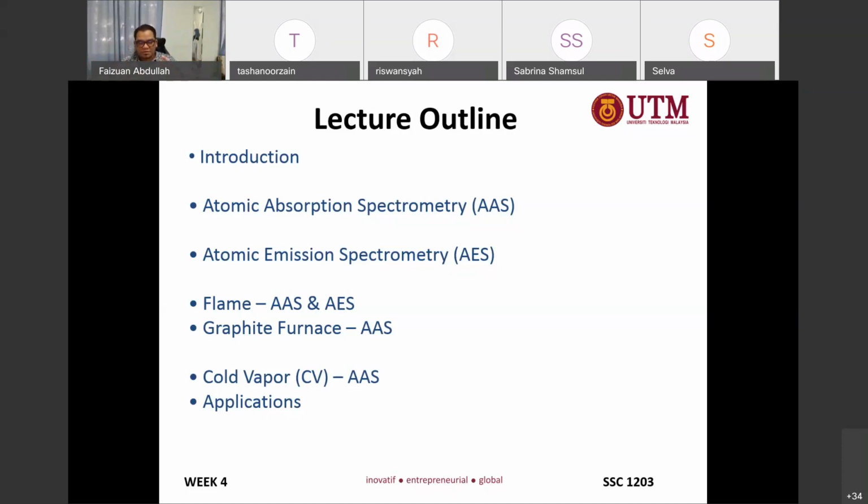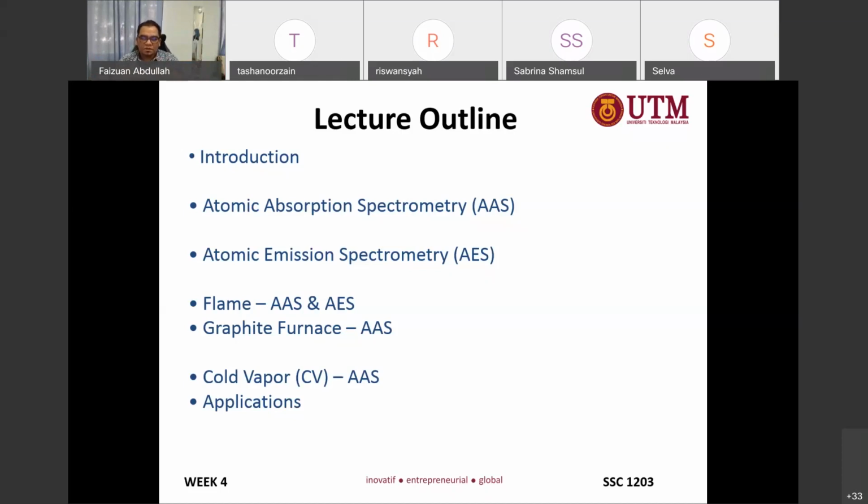But in atomic emission, it will measure how much energy is being emitted by our analyte. We burn the sample, we introduce high energy, for example, flame.